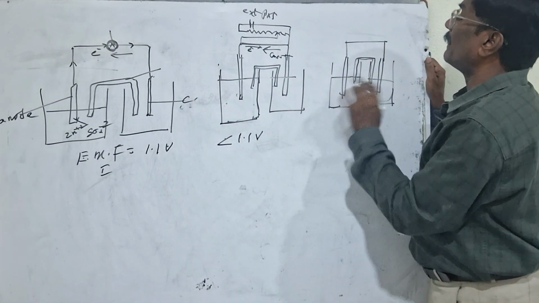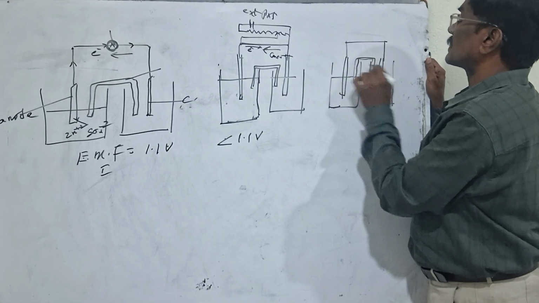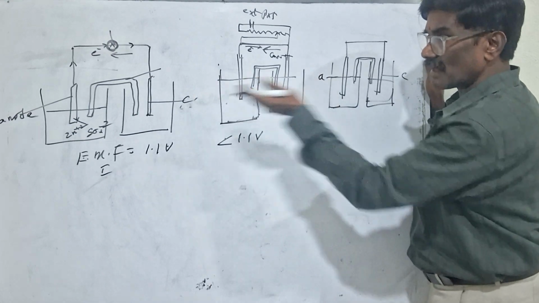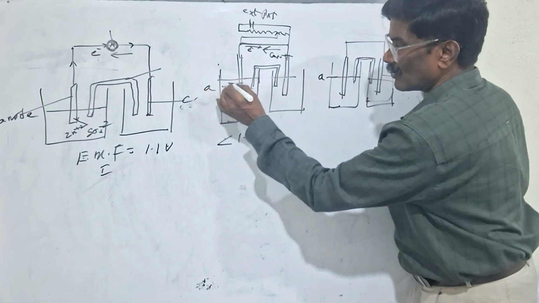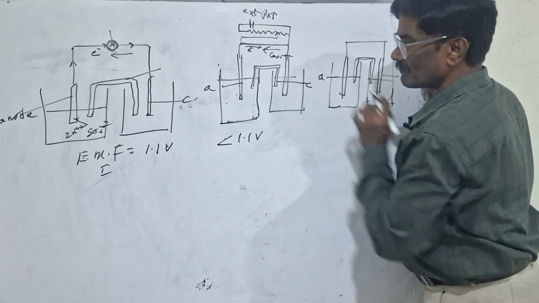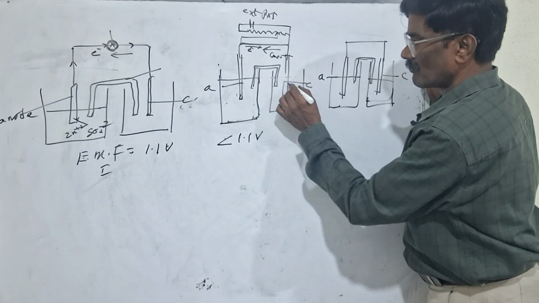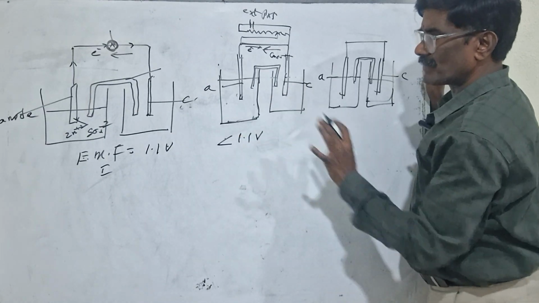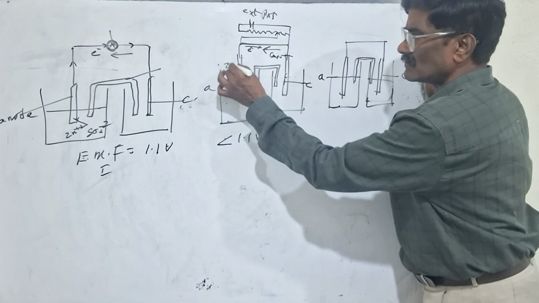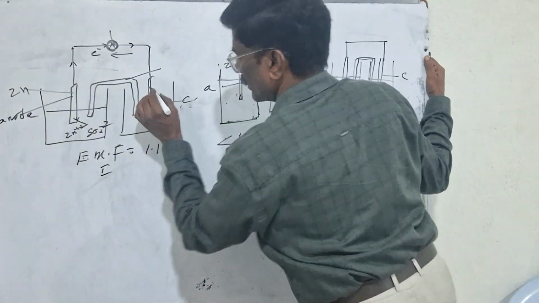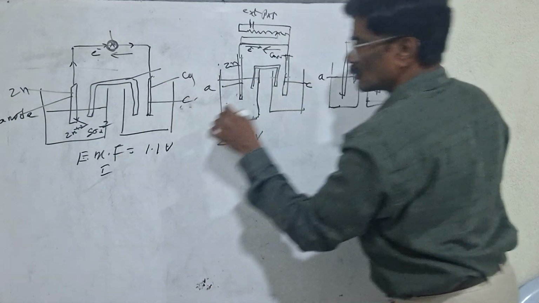Here also the same diagram, with external copper wire. From the beginning, this is the anode and this is the cathode. The left side, the zinc rod, is the anode, and the right side, the copper rod, is the cathode.